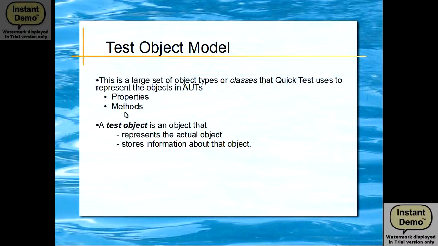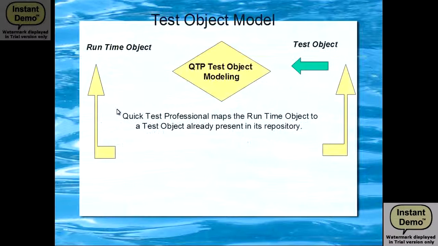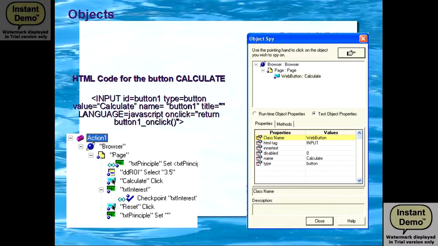These objects are known as test objects, and they will be stored in the object repository under Object Spy. I will show you the Object Spy; we'll come to this later.